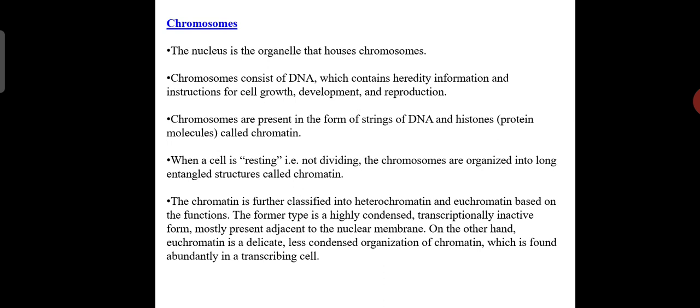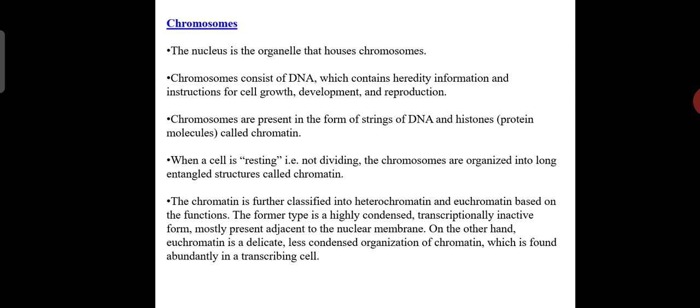When a cell is resting, that is not dividing, the chromosomes are organized into long entangled structures called chromatin. The chromatin is further classified into heterochromatin and euchromatin based on function.